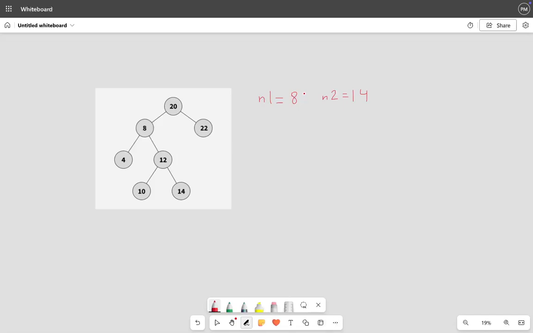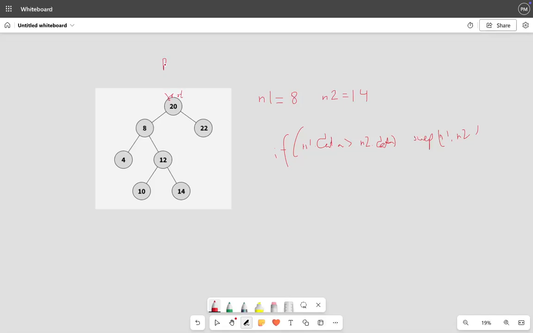So the first thing we need to take care of is: if N1's data is greater than N2's data, just swap N1 and N2. In this case, our N1 is smaller, so that's fine.